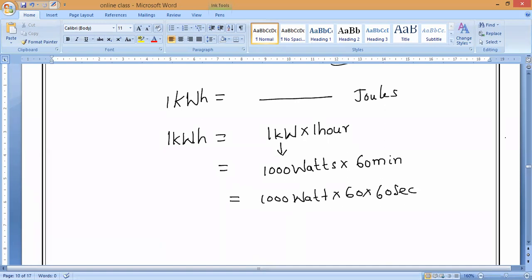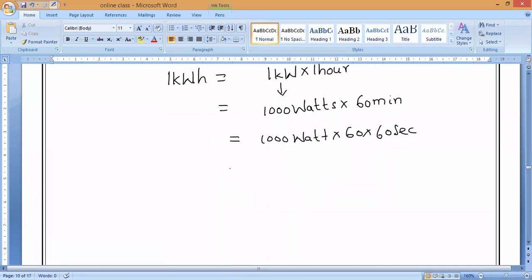So if we do this, we get 1000 watt into 3600 seconds.